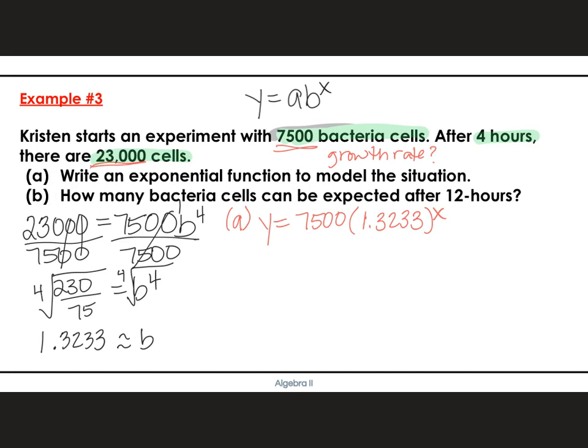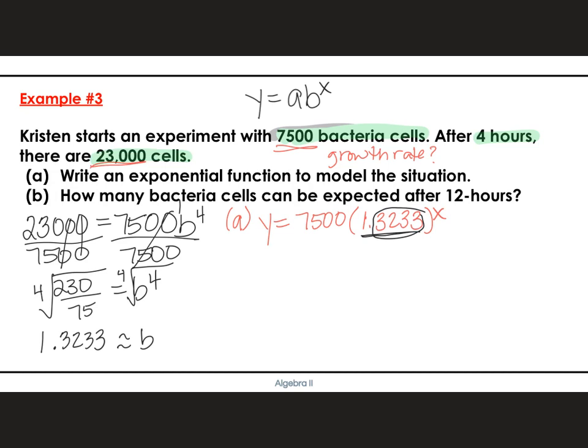Well, when I look at my equation, I see in parentheses that I have 1.3233. If the number is greater than 1, then that's going to be exponential growth. If the number is less than 1, that's going to be exponential decay. So this number is greater than 1. How much is it greater than 1? It's greater than 1 by 0.3233.